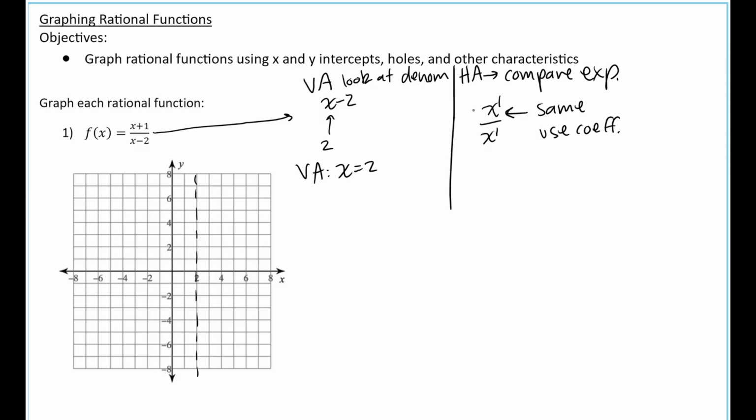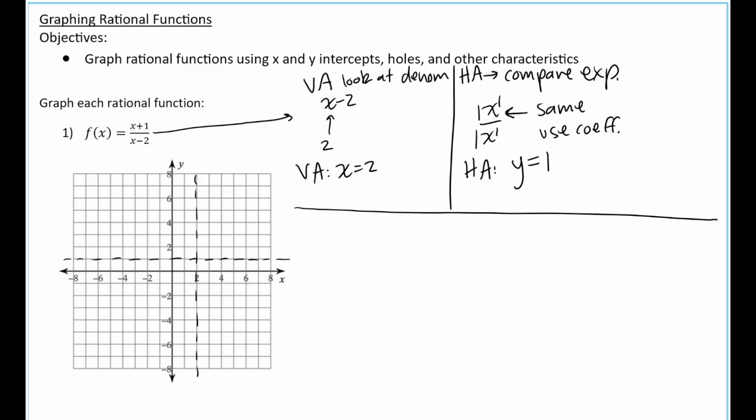The coefficients are hiding just like the exponents. We have 1x over 1x. So that means for the horizontal asymptote, we're going to have y equals 1 over 1, which is just y equals 1. So that is where my horizontal asymptote is going to go, at y equals 1. Okay, automatically we have a much better idea of where our curves might go.